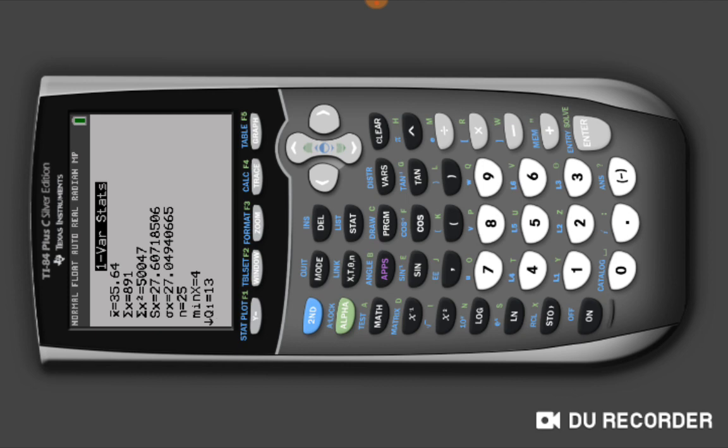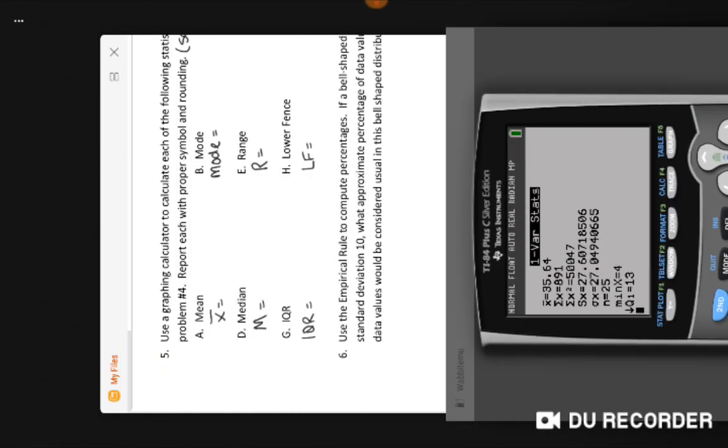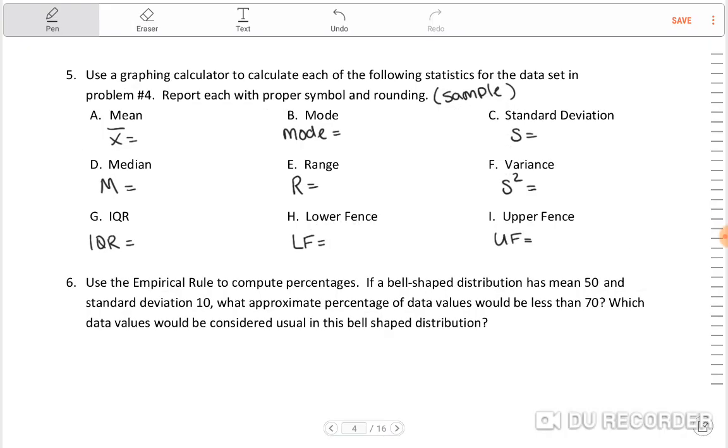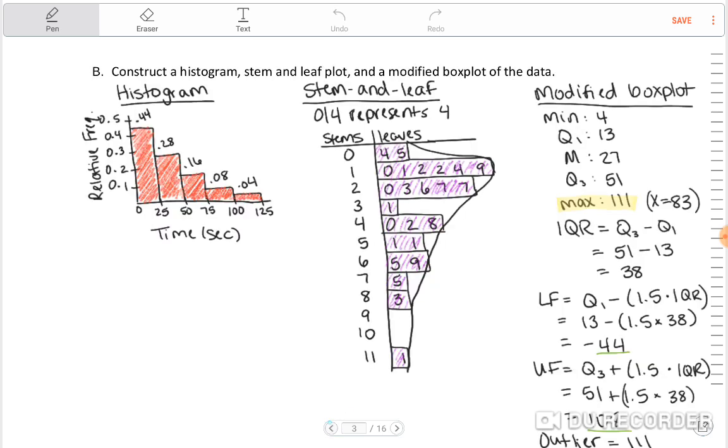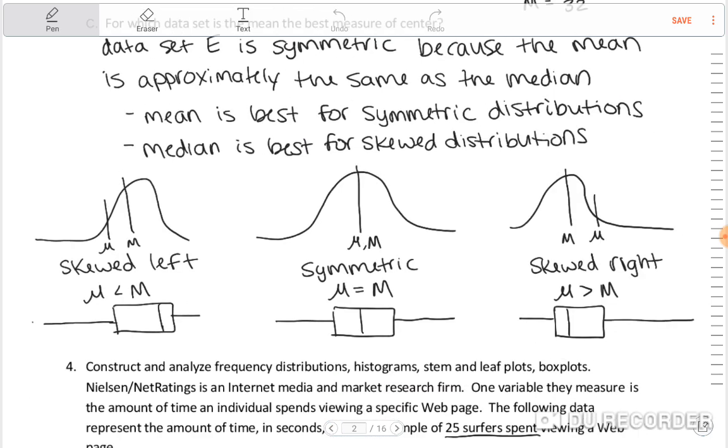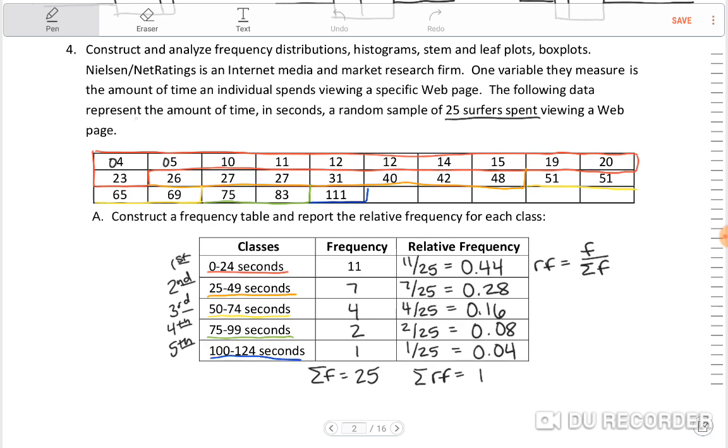Okay, X bar, 35.64. We're going to round only to one decimal place, so that would be 35.6. Let's go back here. 35.6. And actually, we should go ahead and put some units on here. Our data is talking about internet surfers, web surfers, not real surfers.